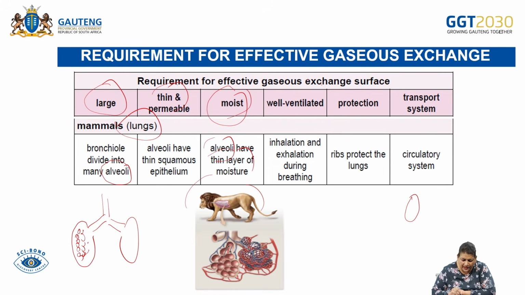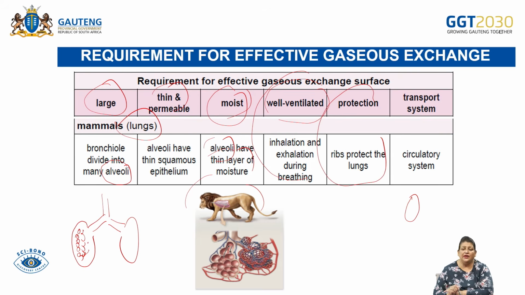Okay. Well ventilated means we have a nostril, and we have a tube called the trachea and the bronchi, which is able to take air from the outside to the lungs, and from the lungs to the outside. So that is a ventilation system. We have a very well ventilated system because we have many cells, and lots of oxygen needs to reach the cells.